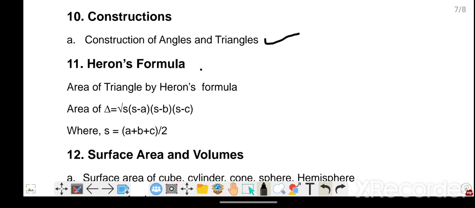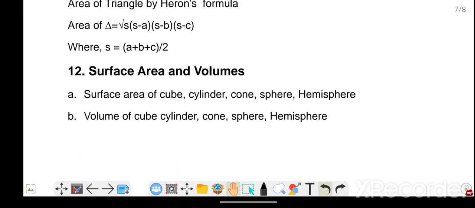In this we will learn how to find the area of a triangle if the 3 sides of the triangle are given. Next one is surface areas and volumes. In this we will find the surface areas and volumes of cube, cylinder, cone, sphere and hemisphere.